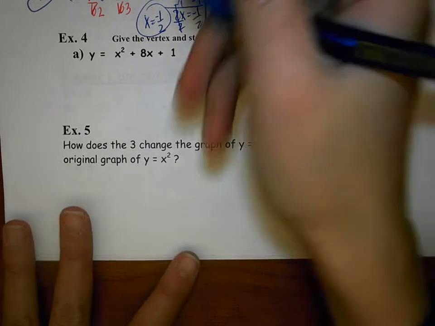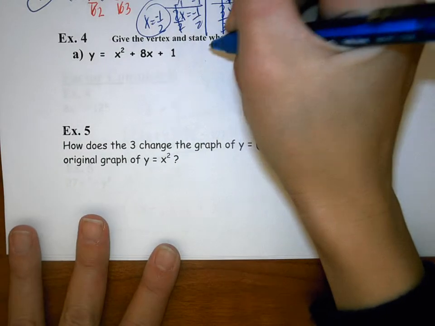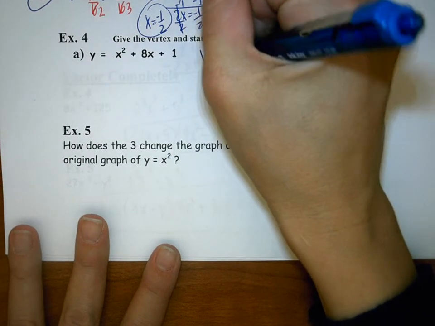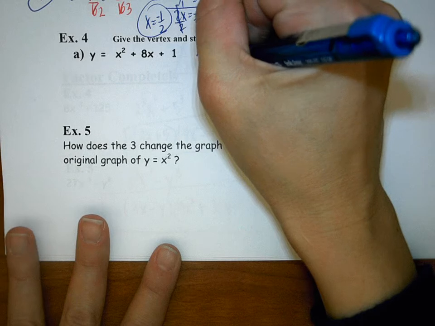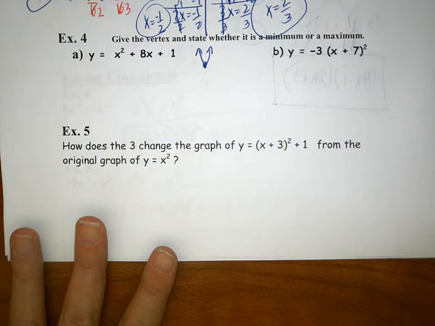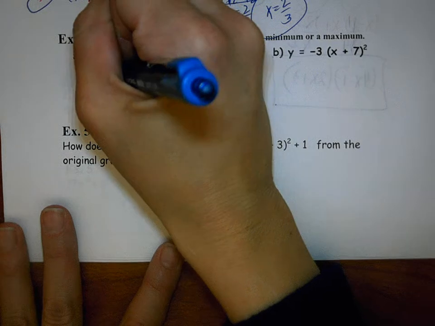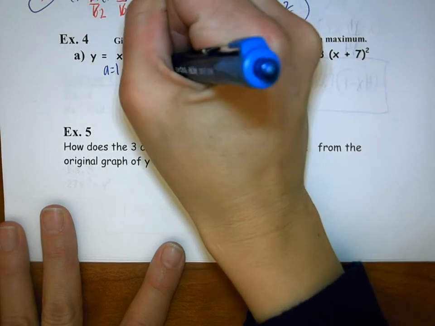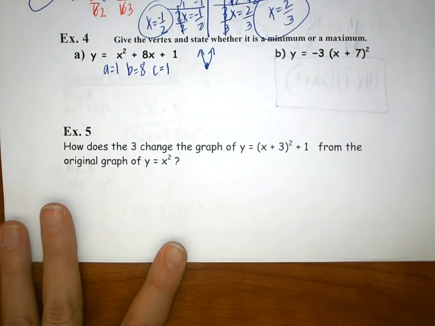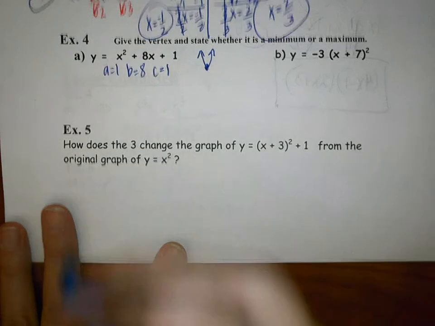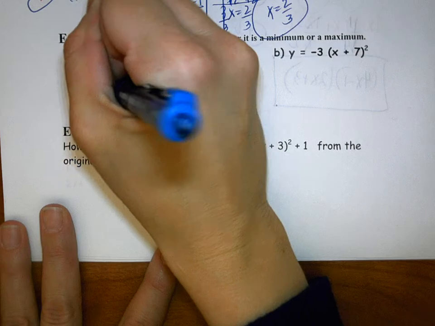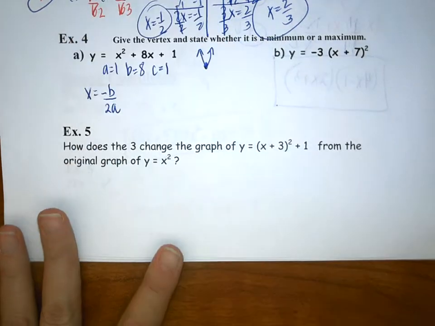So remember, these are parabolas. This would be a parabola that's going up, right? Your vertex is that point where it's symmetrical on each side. So remember that here A is 1, B is 8, C is 1. In order to find the x value of the vertex, you use the equation negative b over 2a.